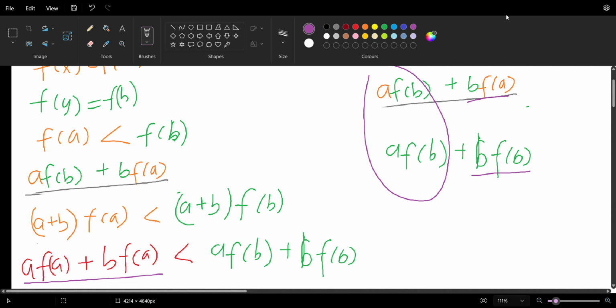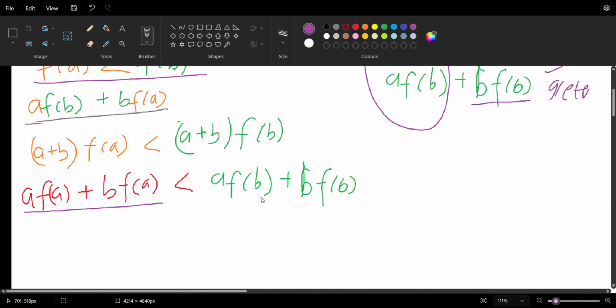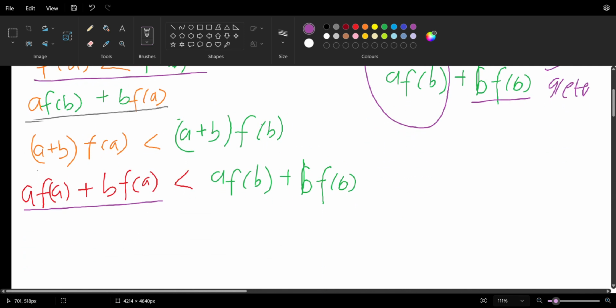So this is the part you are comparing, but b and b is multiplying something. So what we are comparing is just the functions themselves, and we can see that this place is greater than this place. This place is greater because f of b is greater than f of a. Remember from our first statement, f of b is greater than f of a.